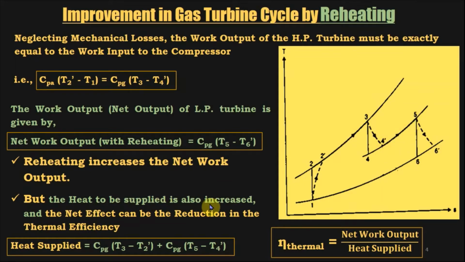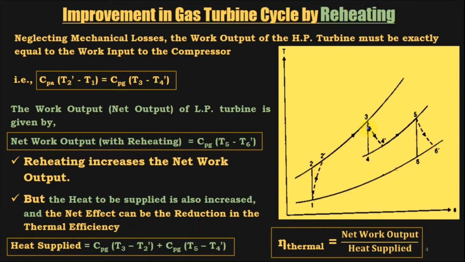Since the heat supplied is also increased, the net effect can be a reduction in thermal efficiency, because we know that the thermal efficiency of the gas turbine cycle is equal to the net work output divided by the heat supplied.